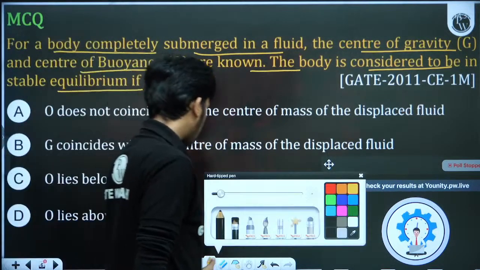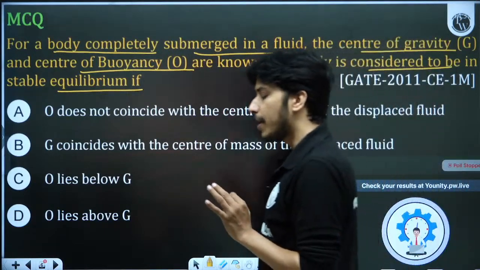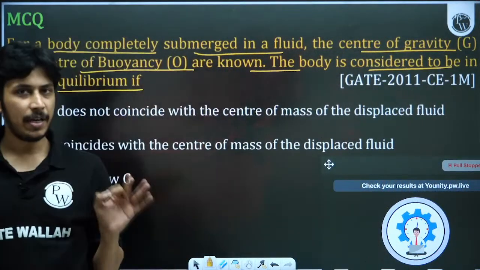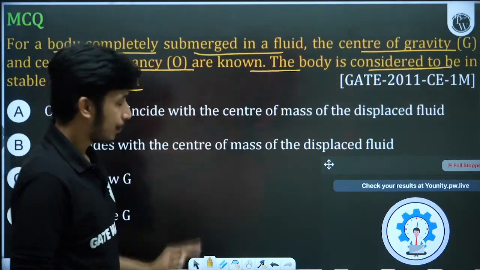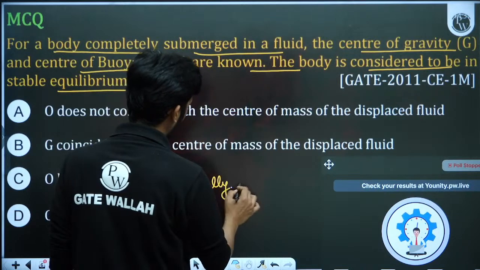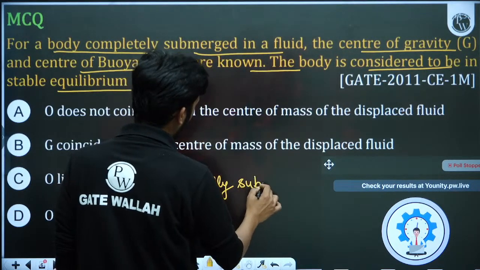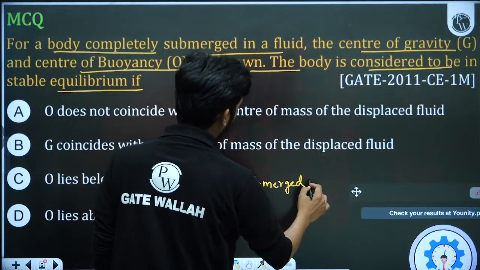Always remember, I'm giving you a very short trick. Whenever you are comparing the stability of a fully submerged body, the object should be heavy enough so that it can be stable. How will it be heavy enough?